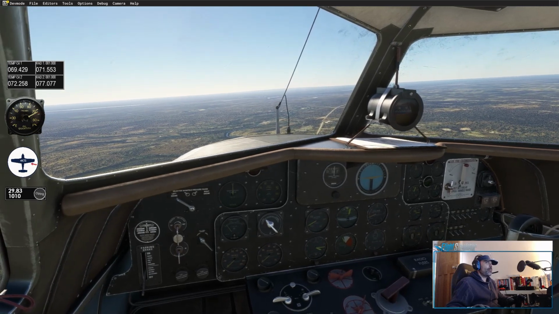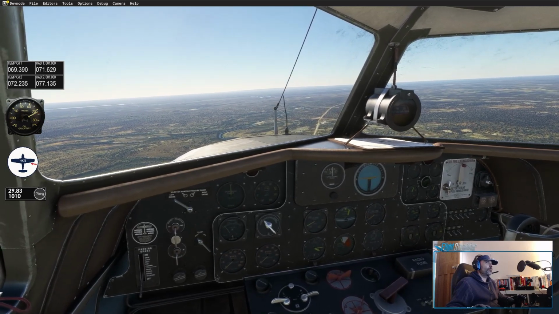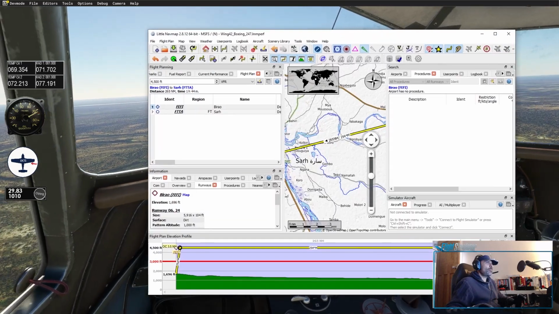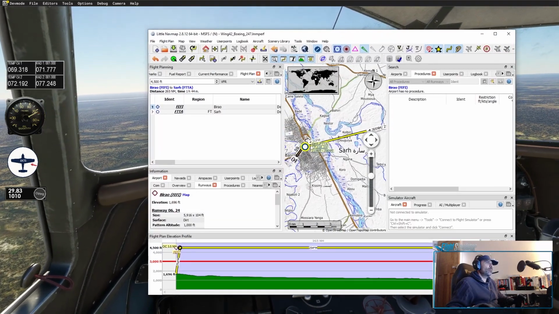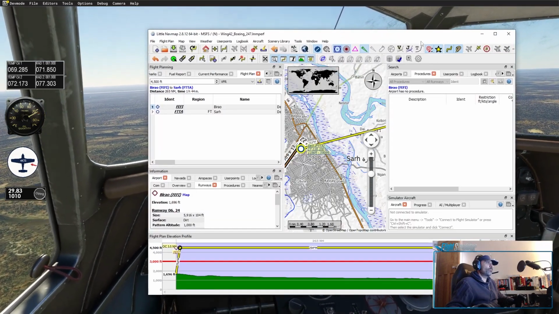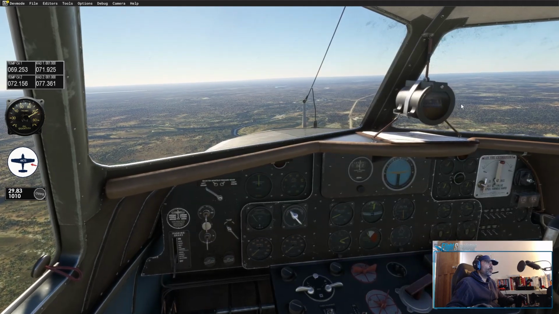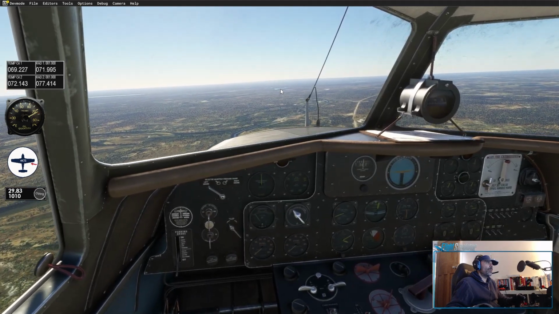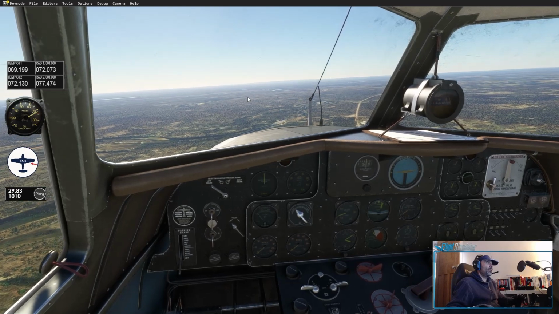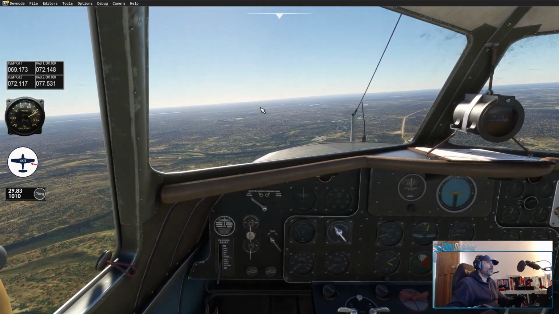Okay, as I can see here, this part of the river is just next to the 22, which is here. I don't know exactly where the airport is.